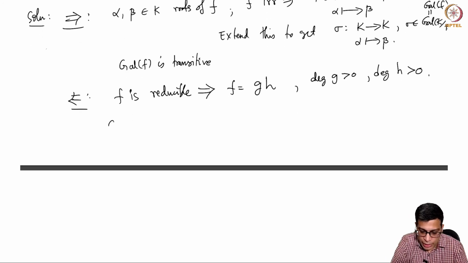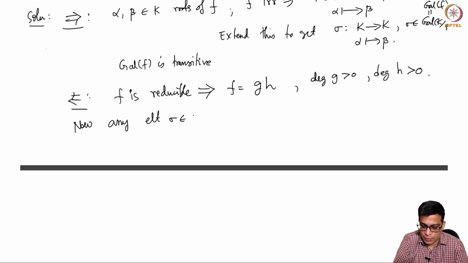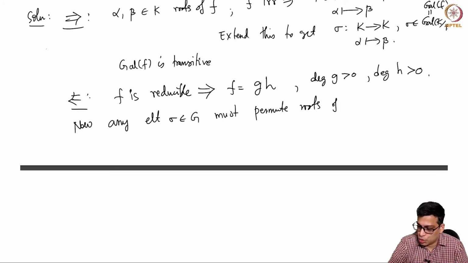Okay, but now any element sigma of the Galois group must permute roots of G and permute roots of H separately.